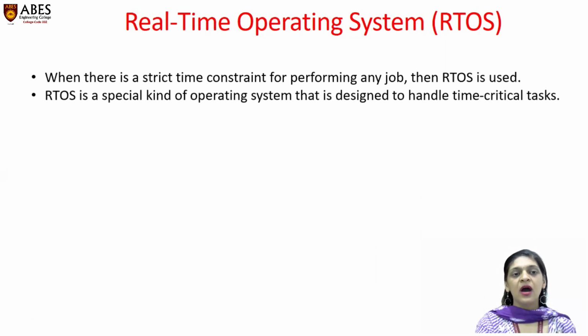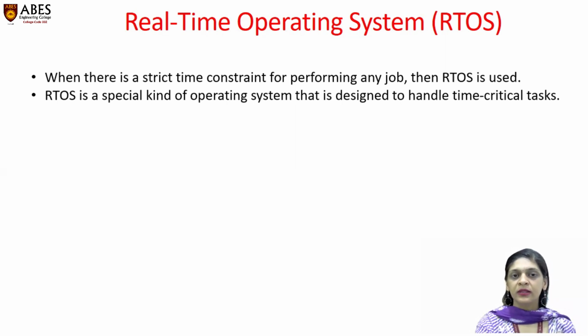RTOS is a special kind of operating system that is designed to handle time-critical tasks. For that kind of job, RTOS is used. For example, if I am talking about a missile system, if at a particular instant the missile is missed by a microsecond, then it can be a big disaster.